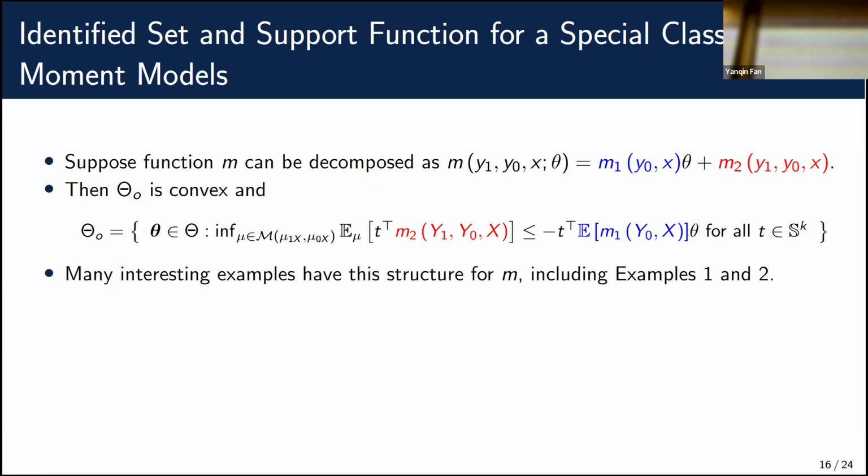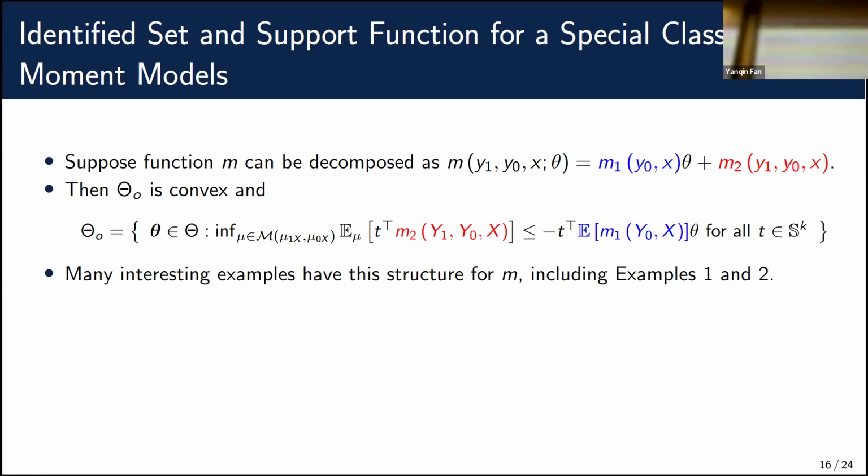Now you can just replace M in the previous optimal transport problem with the sum of these two. Then you can easily see that this identified set is characterized by a continuum of much simpler inequalities.